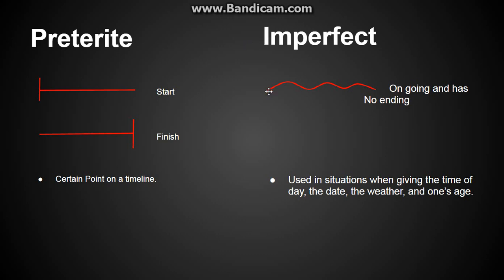Unlike imperfect over here, which is ongoing and has no ending, and you can't really tell when it starts and when it ends. Imperfect is also used in situations when giving the time of day, the date, the weather, and one's age. These are tricky situations because if you just read them, it would look like you would use preterite, but you actually should use imperfect.